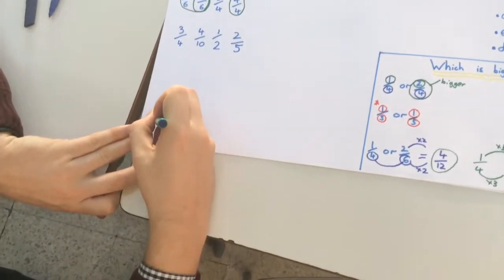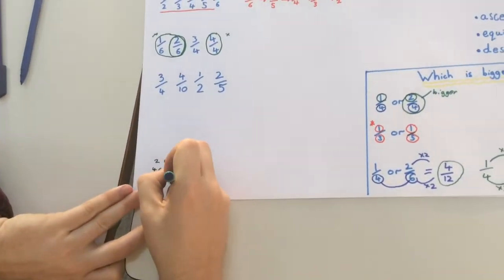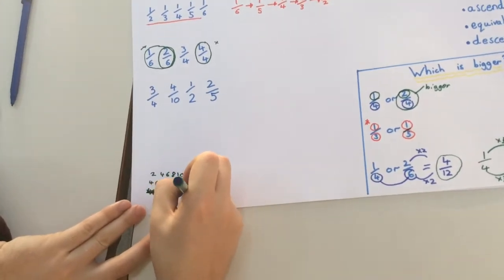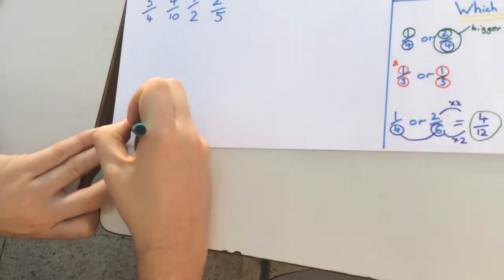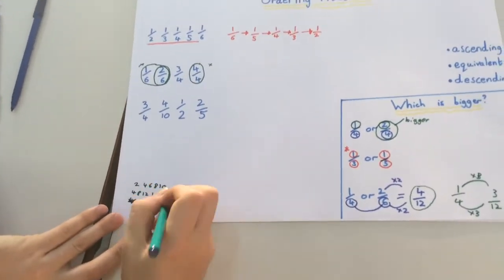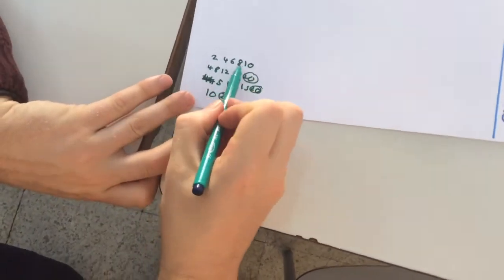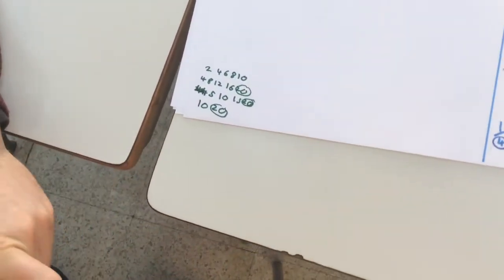And 5, 10, 15, 20. 10, 20. Well, I can see, look, 20 is in all of them, and it will also be in the multiples of 2. I know that straight away.